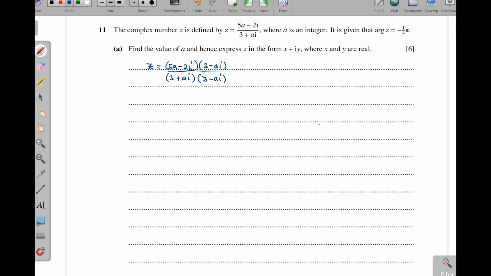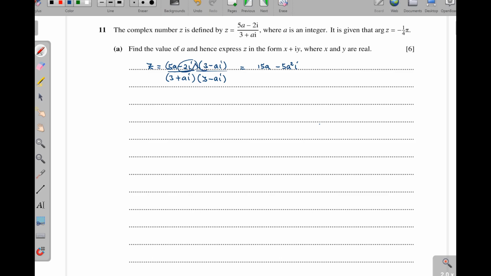Now, we simplify this one. So 5a times 3, that one will give us 15a. And then 5a times negative ai, that one will be negative 5a squared i, not so?